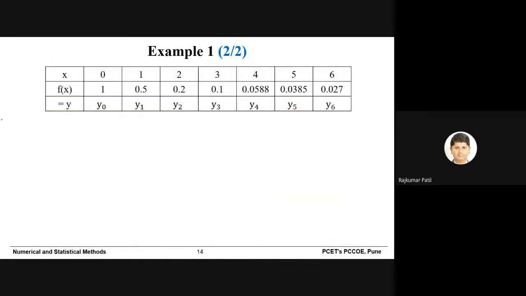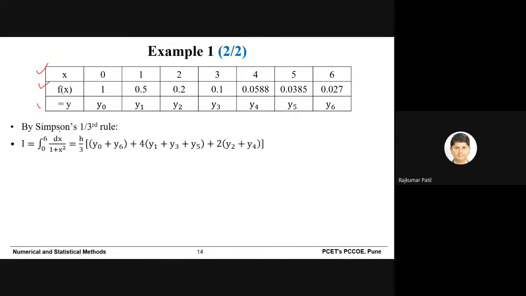Then we will move ahead. We already prepared this table. So this time we will first write the equation for Simpson's 1/3 rule, which is equal to h by 3 into the bracket: the first value of y, that is y0, and the last value of y, that is y6, plus 4 into the values of y1 plus y3 plus y5, plus 2 into the remaining values of y, that is y2 plus y4.